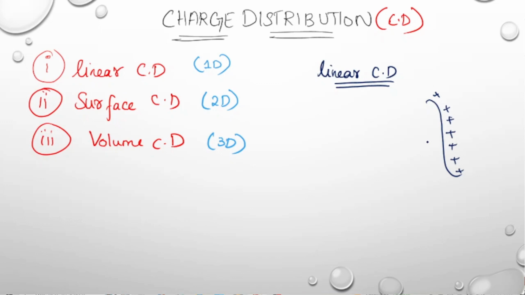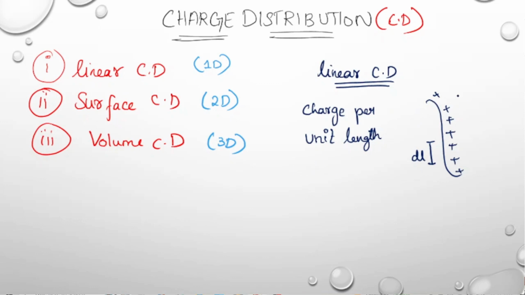Linear charge distribution is nothing but the charge that is distributed along the length, that is, charge per unit length. However much charge is distributed along the length is called linear charge distribution.